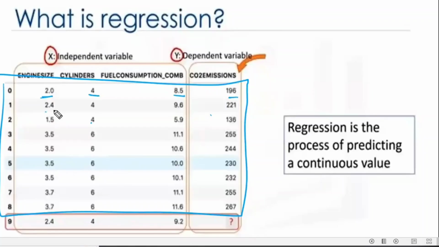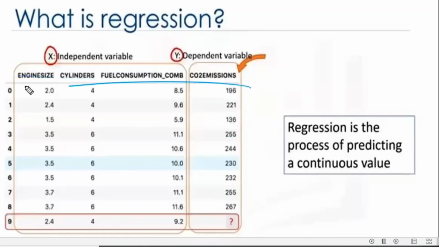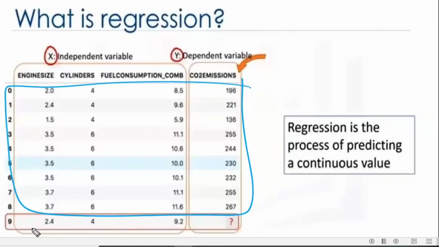Another car is 2.4 with 4 cylinders and 9.6, 221. 1.4 with 5.9, 136. 3.5 with 6 cylinders and 11.1, 255. These are the past data. Now, based on what you have observed here, you have to predict the value of this one.